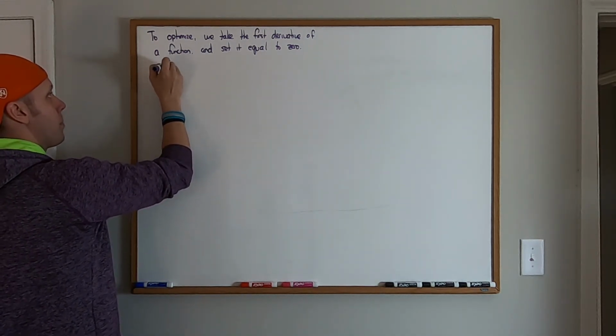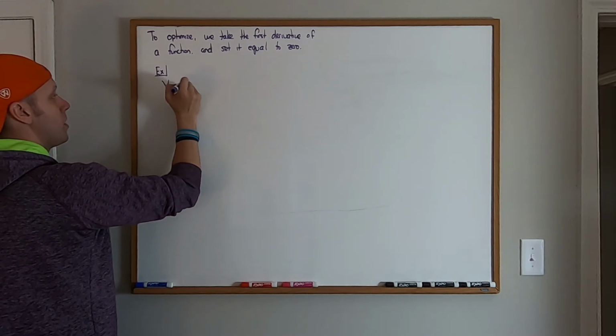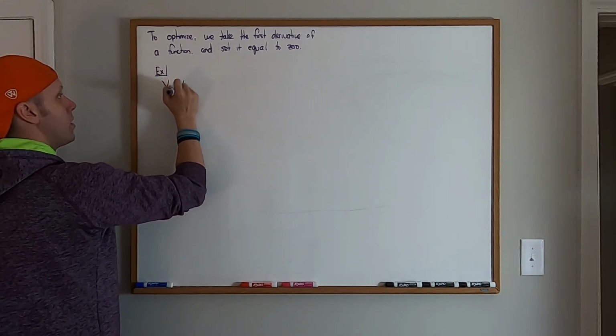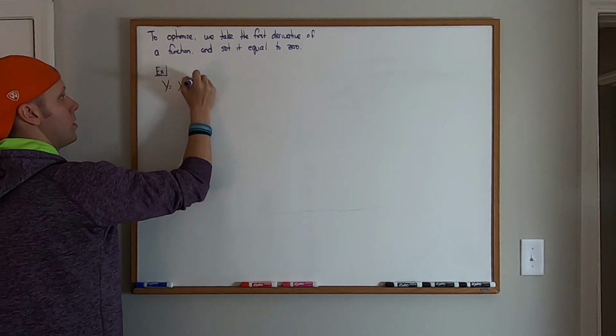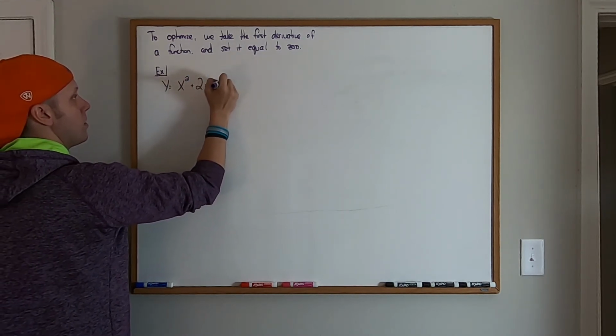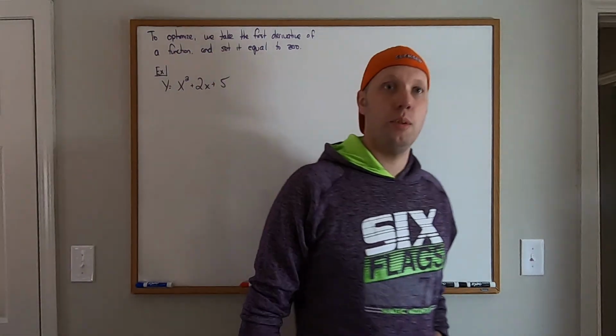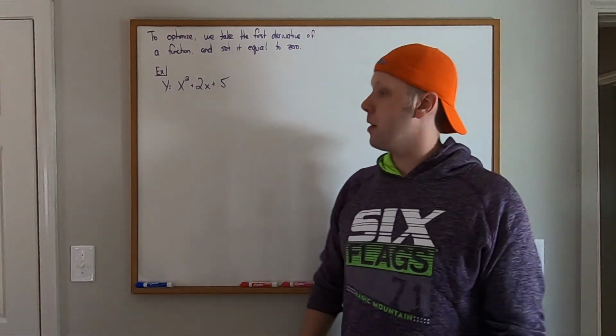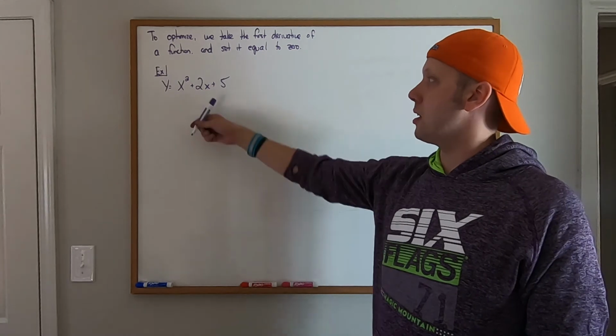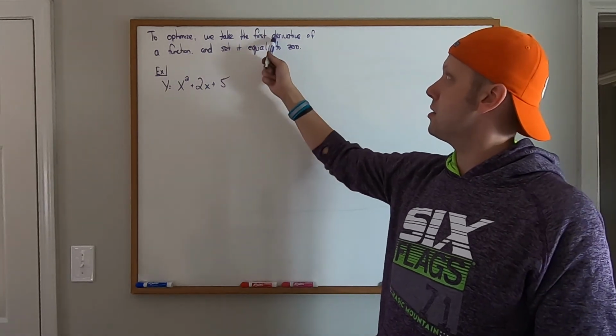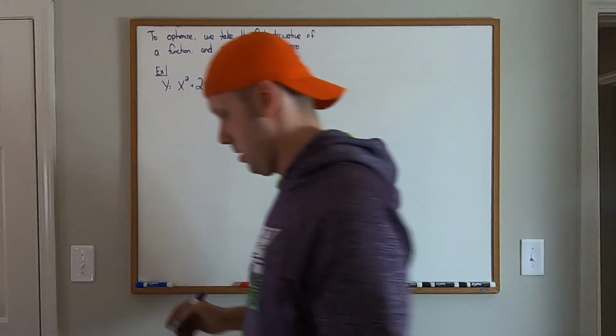Let's do an example. Let's take y equals x squared plus 2x plus 5. If I want to optimize this, what I need to do is first take its first derivative.